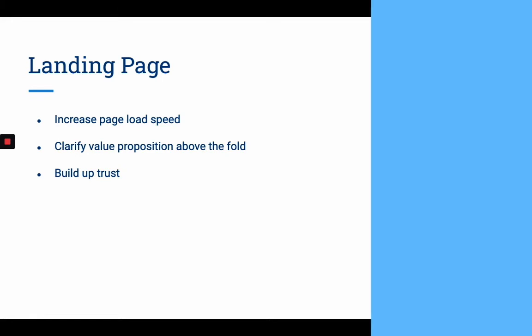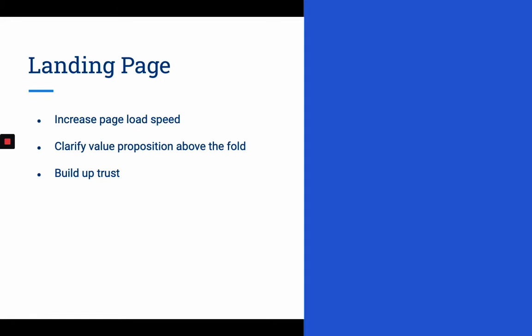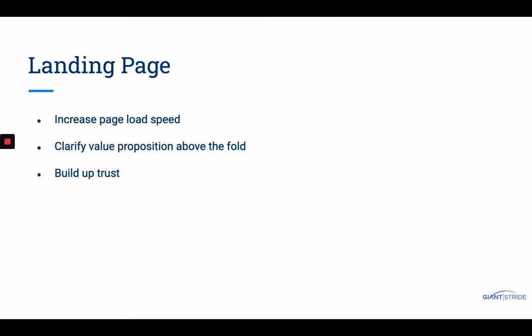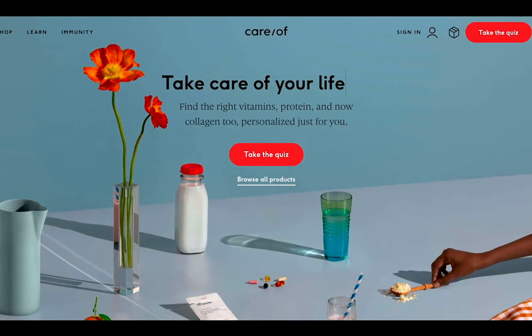And by value proposition, what I'm referring to is the innovation, benefits, or features that differentiate your brand or product. So essentially, what is it that makes your brand or product attractive to customers? You want to really drill down and make sure that it's super clear above the fold. Looking at the example of Take Care Of, we can see that their value proposition is pretty clear.